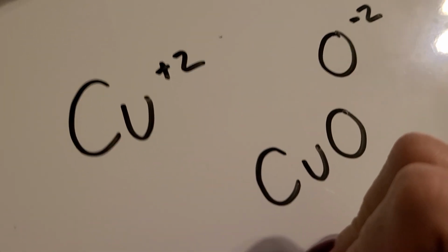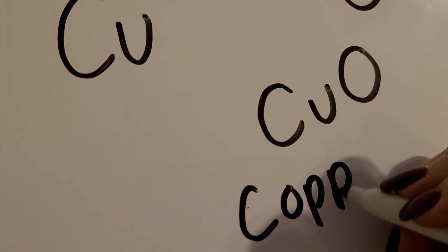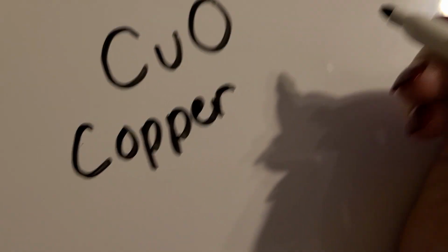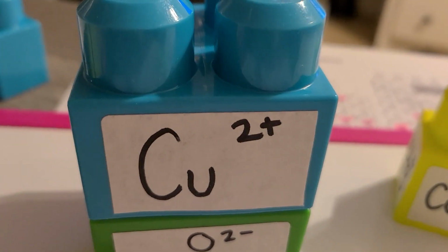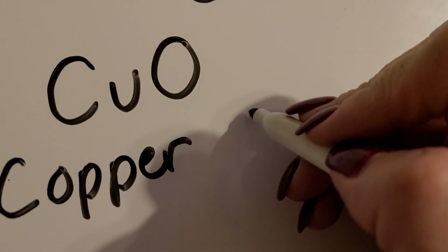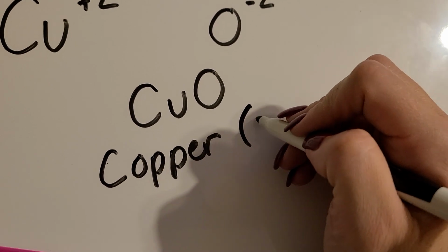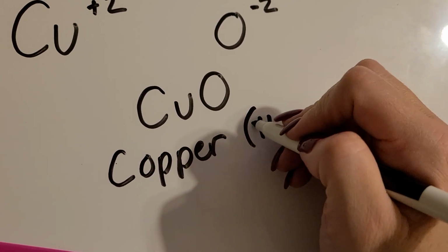But how do we say it? So when you write the name, you have to write out the first element first, which is going to be the metal, copper. And we used copper 2, so that's important. And the 2 is what's going to be in the Roman numerals. When you write the Roman numeral, you have to put the Roman numeral in parentheses.